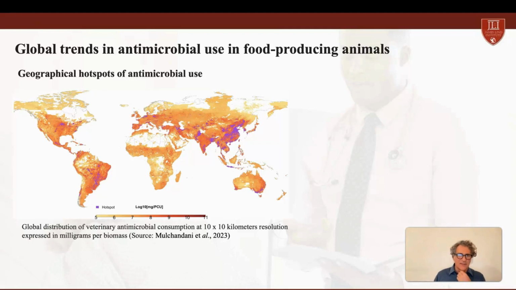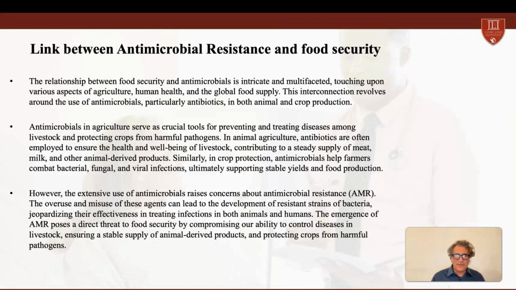This graph represents the most concentrated distribution of veterinary antimicrobial consumption. You will see, for example, that Asia and Southeast Asia represent the highest concentration. Why? First of all, there is less control and fewer protocols in the farming.